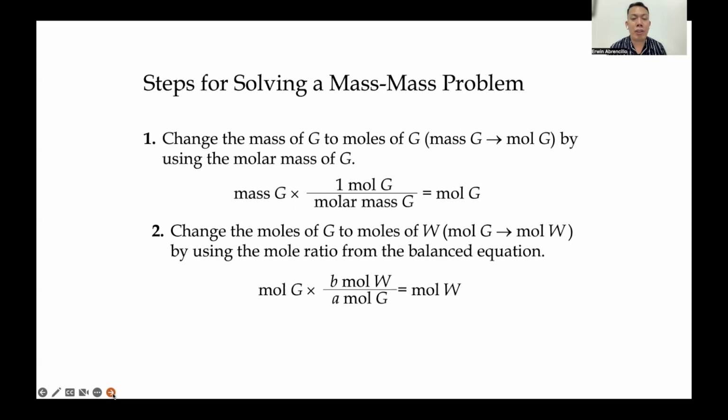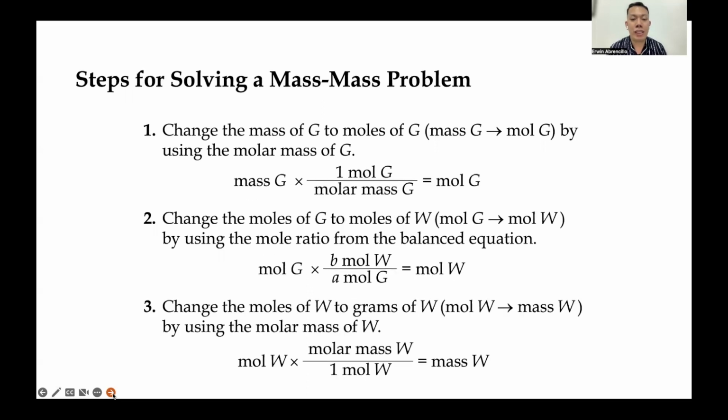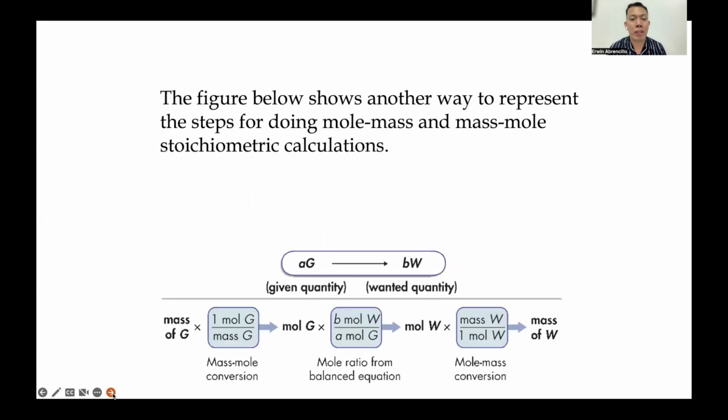You can likewise change the mole of G to moles of the wanted quantity, or W, by using the ratio from the balanced equation: mole G times B mole W divided by A mole G is equal to mole W. The third step is to change the mole of W to grams of W, using the molar mass of W, with the formula: mole W times molar mass W divided by 1 mole of W is equal to mass of W. Do not be confused with this.